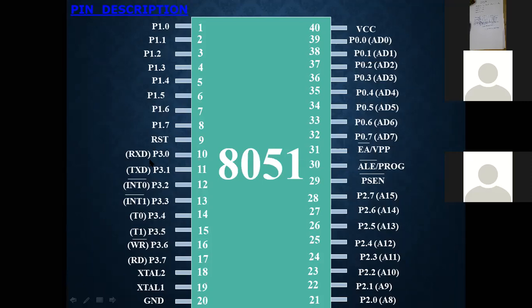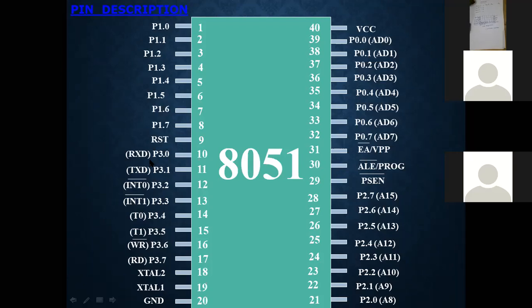And look at pin number 20 and pin number 40, that is ground and VCC respectively. So this is the typical pin configuration of any integrated circuit. Starting from pin number 21 to 28, these 8 pins are used for port 2. And pin number 29, PSEN, program store enable.